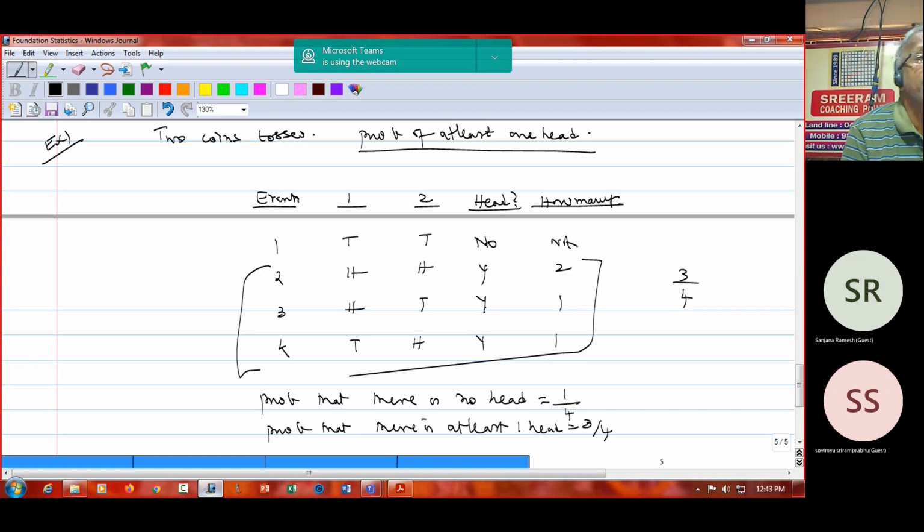What is the probability that exactly one head occurs? 1 by 2. What is the probability that both are tails? 1 by 4. So the scenario is going to be the same; based on the question only, your answer will change.